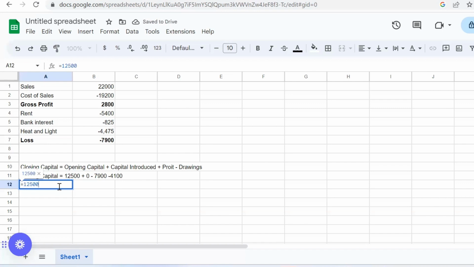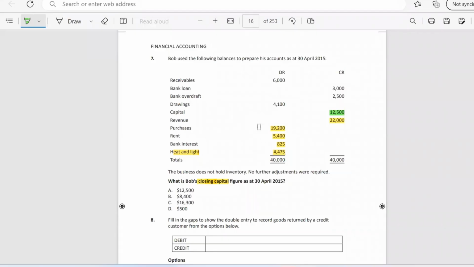We had no capital introduced, so we put 0. And here is our closing capital, 500, answer D.